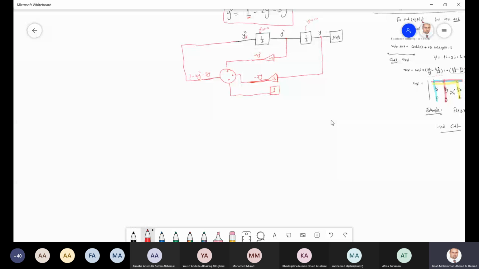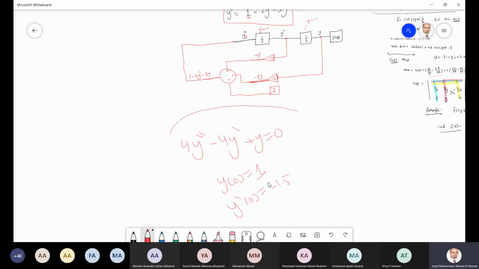Okay, so let me type. y double prime minus 4y prime plus y equals 0. y of 0 equals 1. y prime of 0 equals minus 1.5.